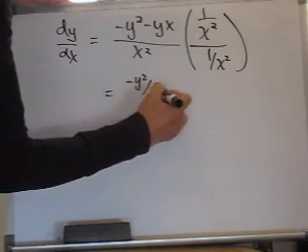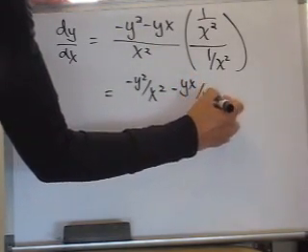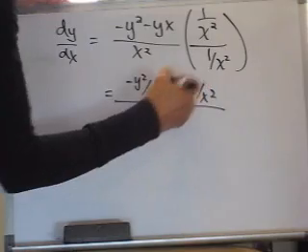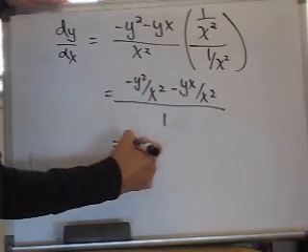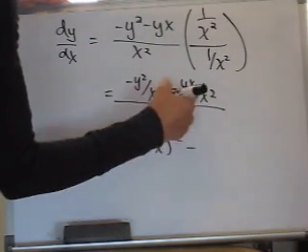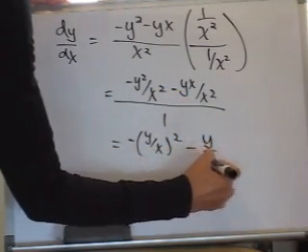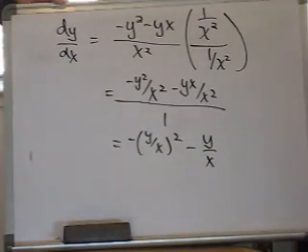It's negative y squared over x squared, and then negative yx over x squared on top. And then I'm going to just get 1 on the bottom. And if I regroup a bit, I get negative y over x quantity squared minus, one of these x's canceled, so it's y over x. So now I have the right-hand side being an expression that involves the term y over x.